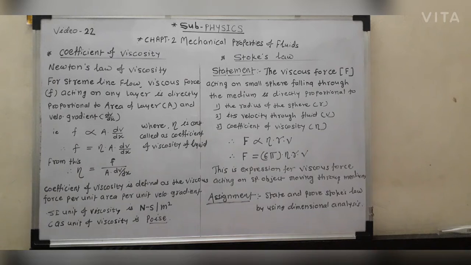Now the next point is Stokes law. In your book, there is no proof by dimensional analysis for Stokes law, only the statement and formula. Then what is Stokes law?